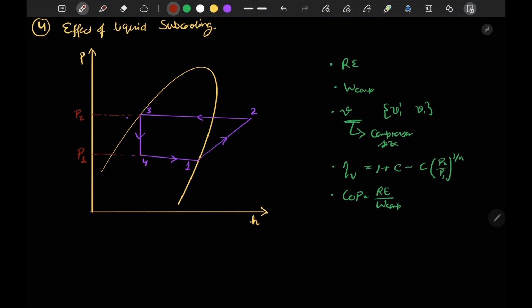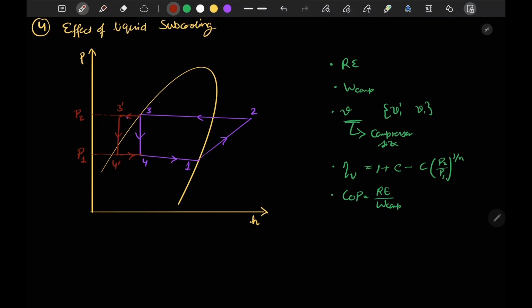The liquid exits the condenser at state 3, so it is subcooled, so it will move at constant pressure from 3 to 3 dash. Now from 3 dash it will be throttled, the pressure is reduced, it reaches point 4 dash, and from 4 dash to 1 heat is absorbed in our evaporator.